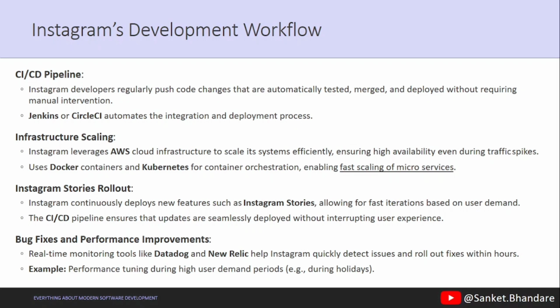Real-time monitoring tools like Datadog and New Relic help Instagram quickly detect issues and roll out fixes within an hour. For example, during Christmas holidays there is high user demand, and at that time performance tuning is essential in order to make sure that the Instagram application stays live.